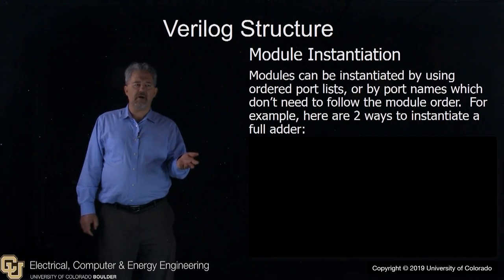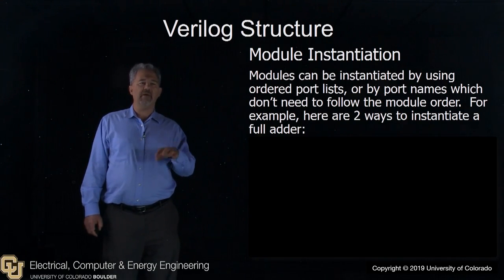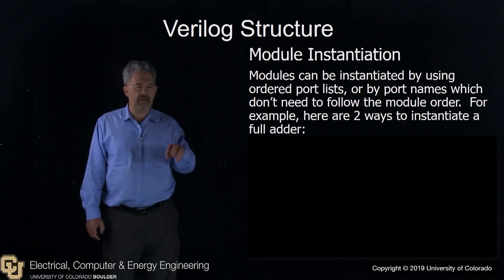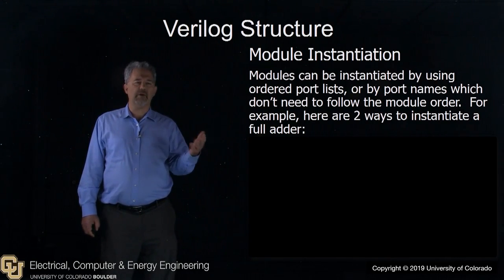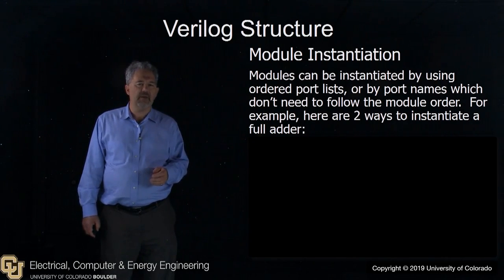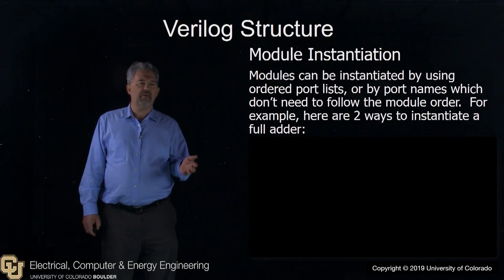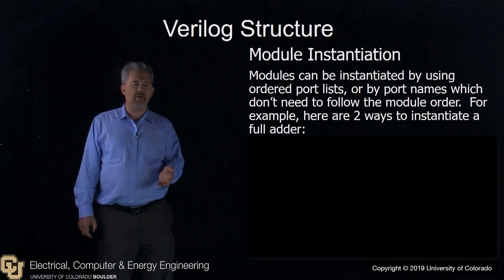By instantiating modules, which may also have modules instantiated inside of them, which may also have modules instantiated inside of them, and so on, you can build up a hierarchical design. To instantiate a module, we just need to type the module name, followed by an instance name, and then the port list.